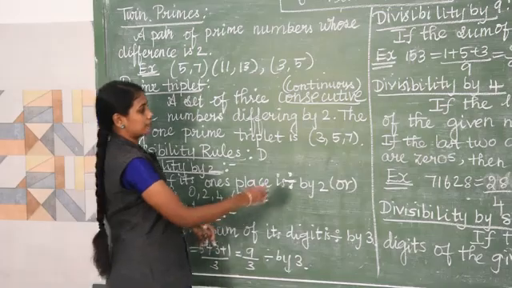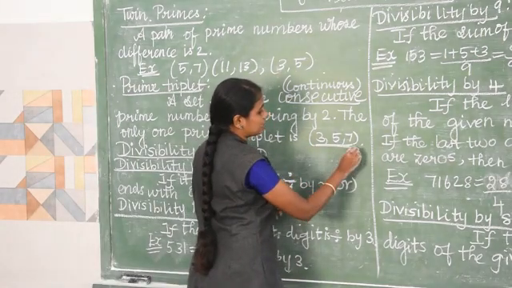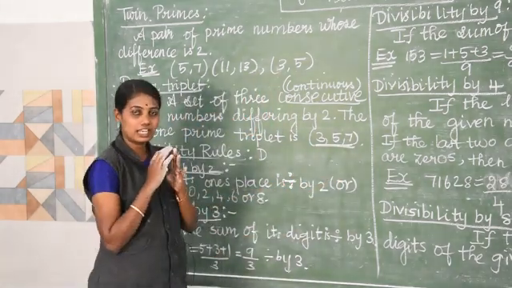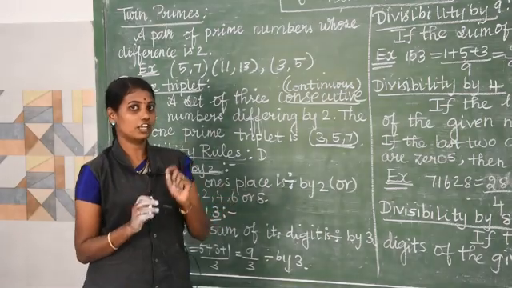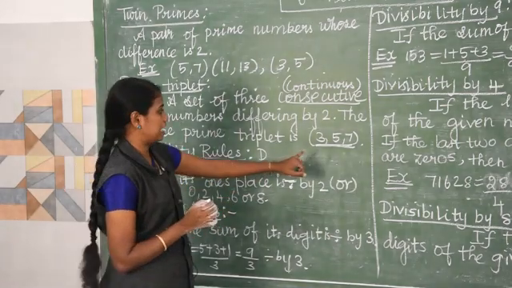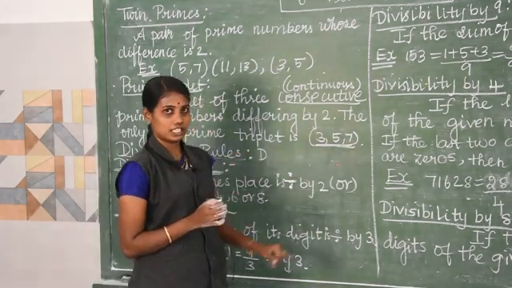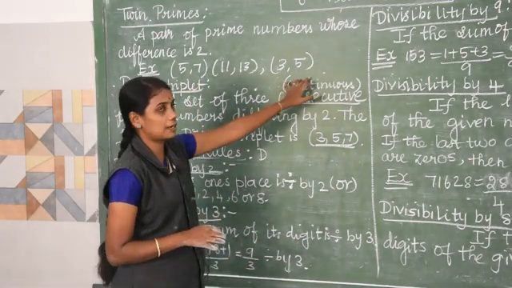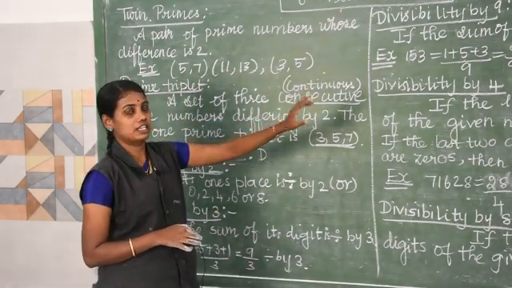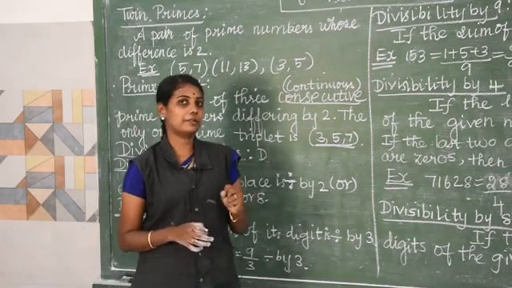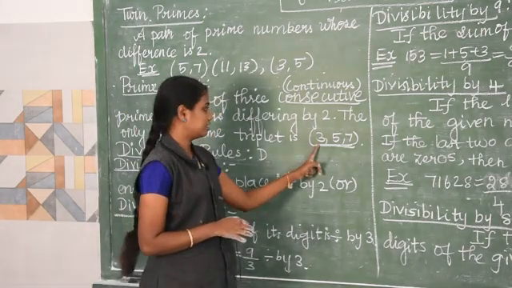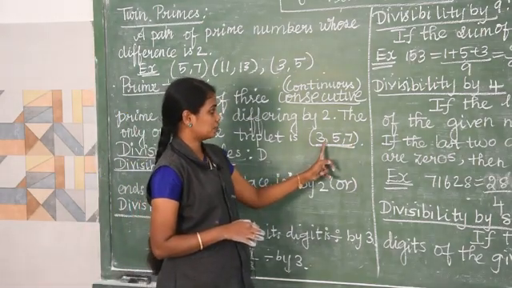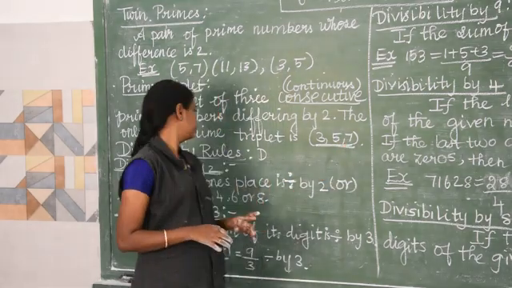The continuous prime numbers are 3, 5, 7. We don't have any other, only one prime triplet. Here we have so many numbers for the twin primes, but for the prime triplet we have only 3, 5, 7. This is also differed by 2.